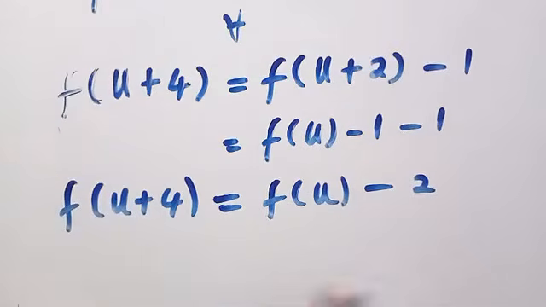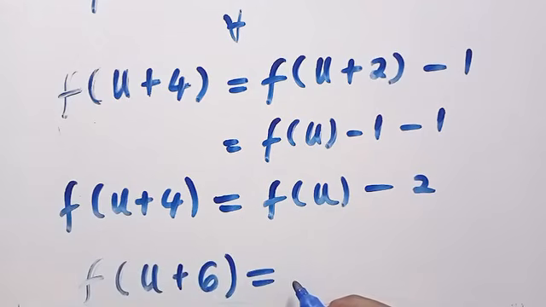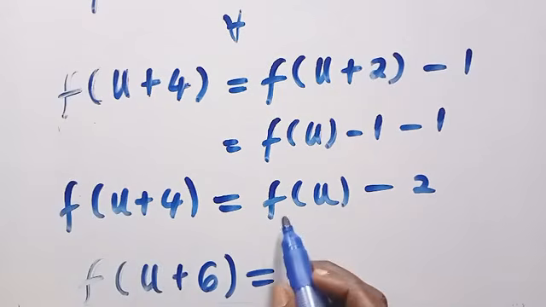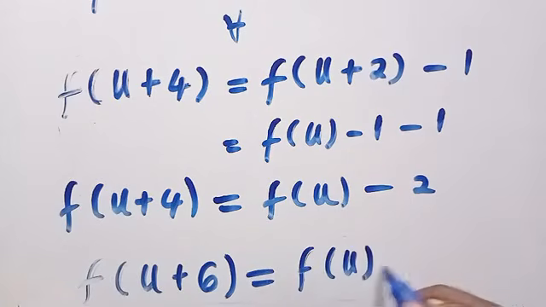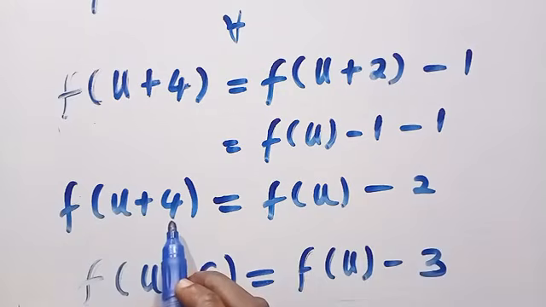Suppose I also increase this one by 2, we are going to have f of u plus 6. This will be equal to f of u plus 4 minus 1. But f of u plus 4 is also given as f of u minus 2. Therefore, we draw a conclusion here as f of u minus 3. We are going to see some pattern here showing that f decreases and the argument always increases by 2. So we can make a general conclusion, since every number here we are increasing by 2.